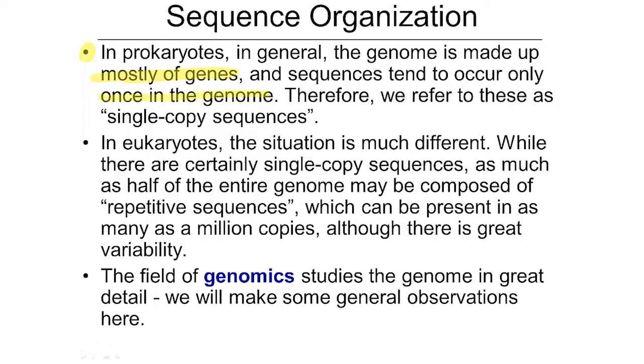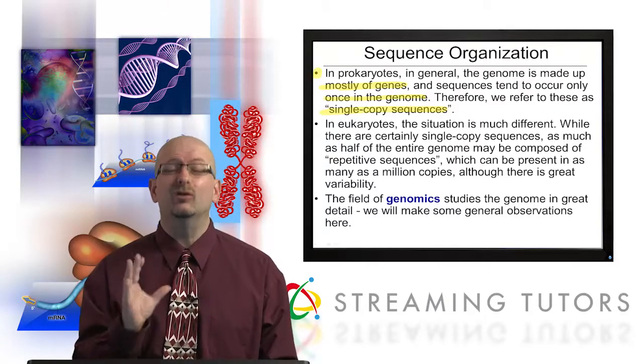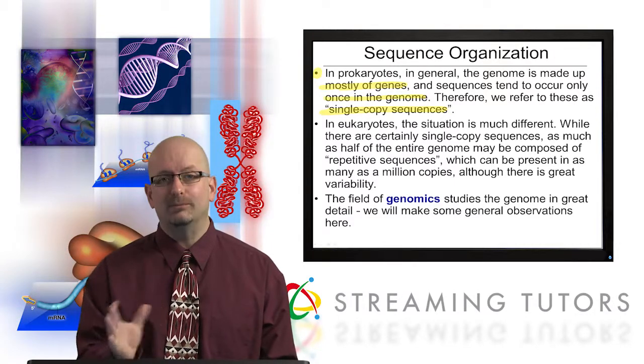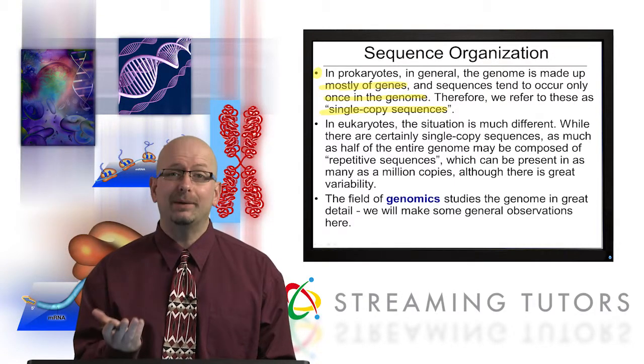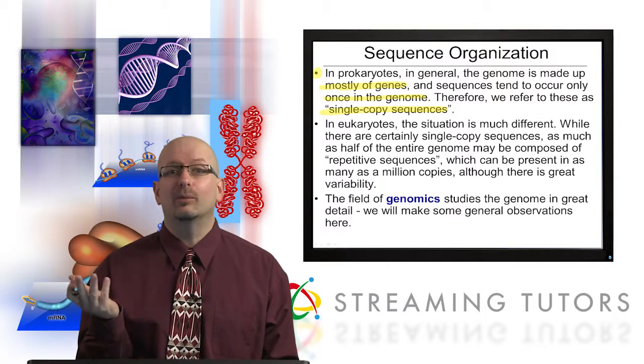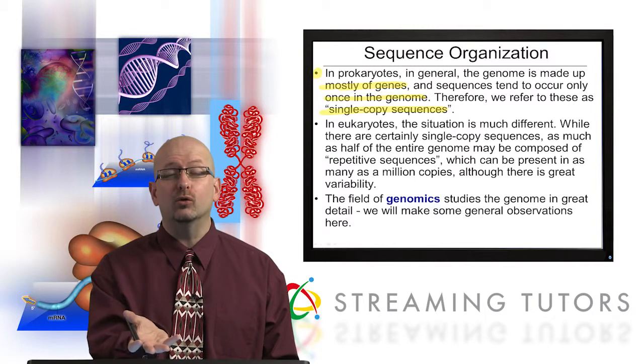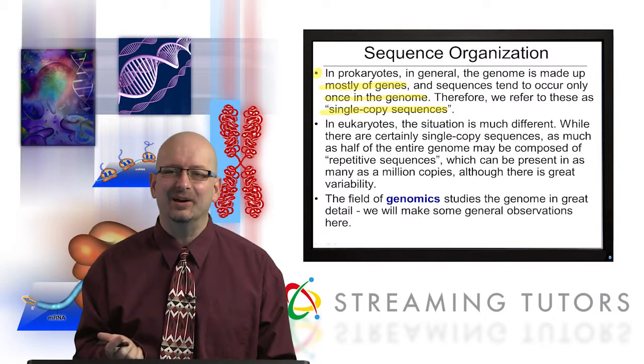So for prokaryotes, even though the study of genomics is relevant, largely there are only single copy sequences. If you went into this in great detail, we might have to modify that, but that's the basic idea. There's not a lot of what you would call heterochromatin in prokaryotes. You don't even really call what's there euchromatin because it's the only thing that's there.